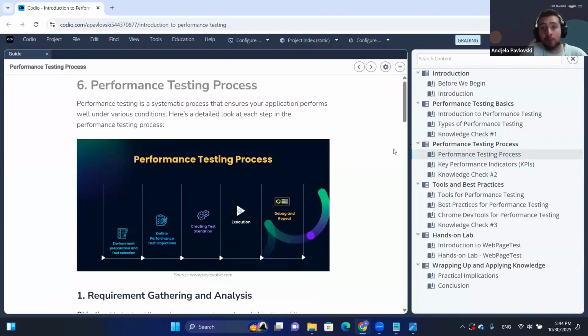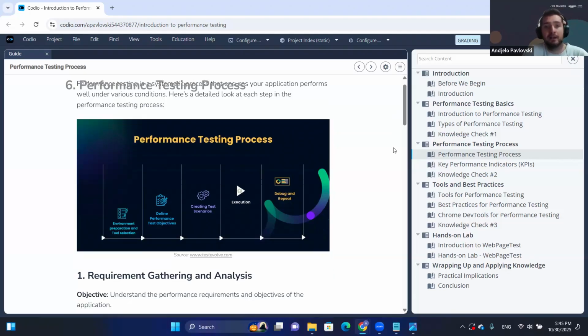All right, the performance testing process. Now, we talked a bit about what performance testing is, and similar to other types of testing, it follows a pattern flow in order for it to be complete.